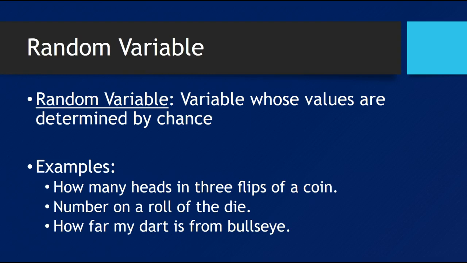That's a variable that is determined by chance. You could have 0, 1, 2, or 3 heads when you flip a coin 3 times. Or if I roll a die and I look at the number on that die, that is a random variable. Okay, it's determined by chance. Or even how far a dart is from a bullseye, so a distance of whatever. That's a variable that's determined by chance.